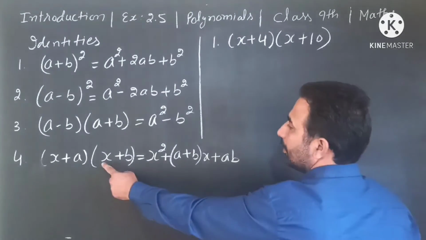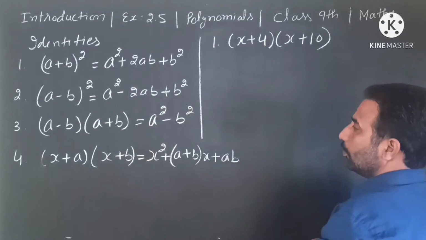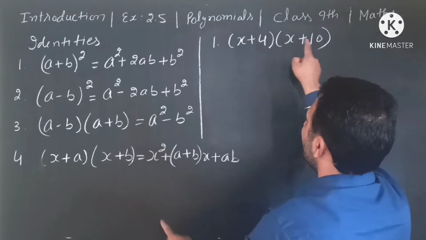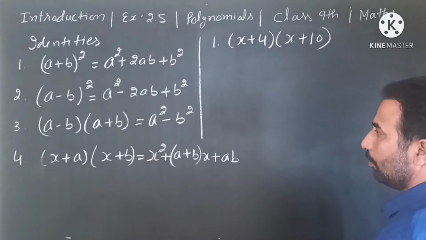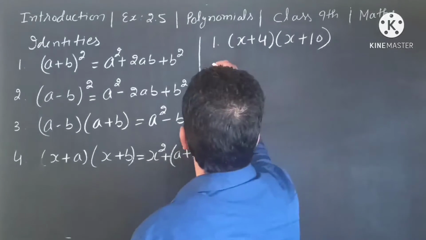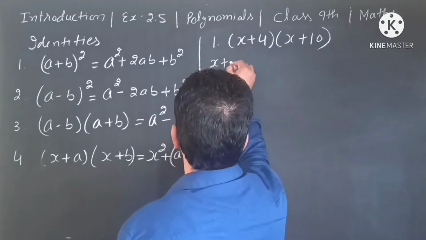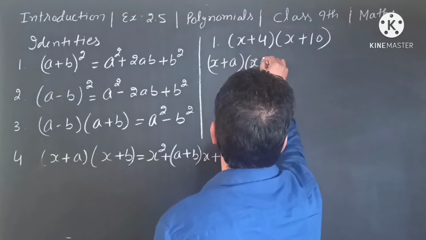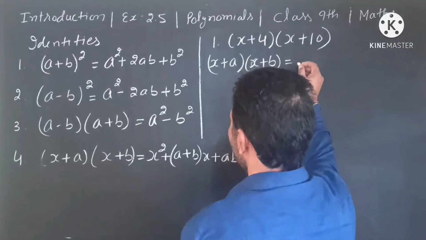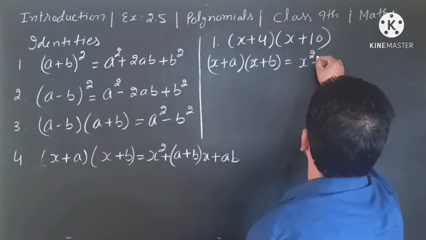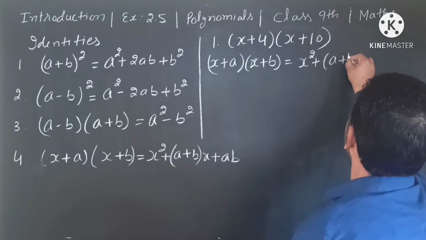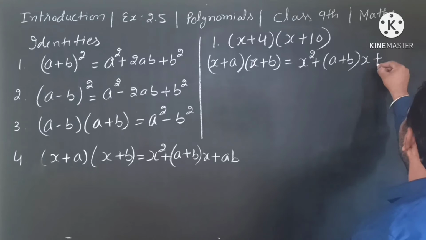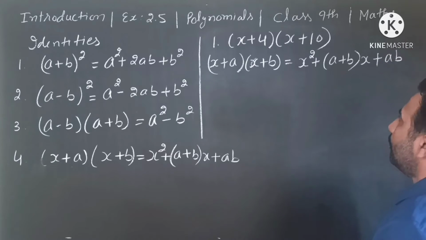So the fourth identity we can apply, because here a and b, 4 and 10, are two different numbers. The fourth identity is (x + a)(x + b) = x² + (a + b)x + ab.